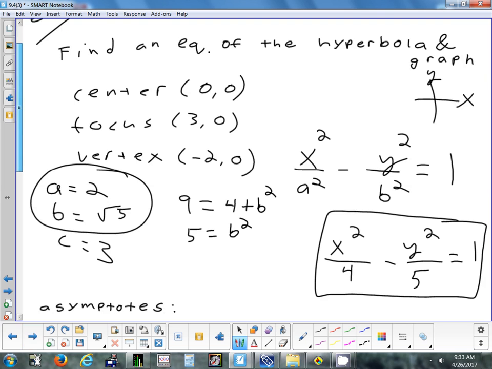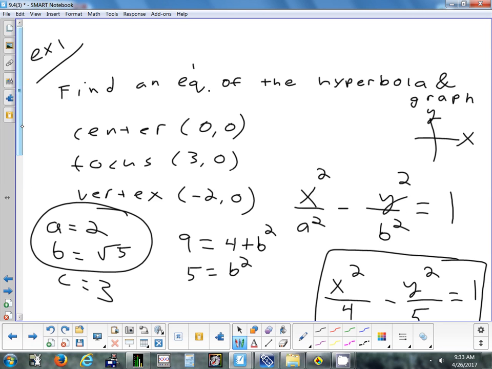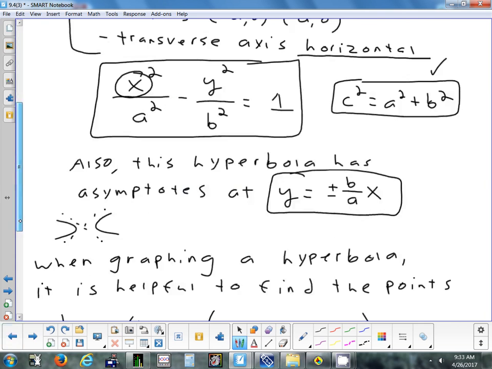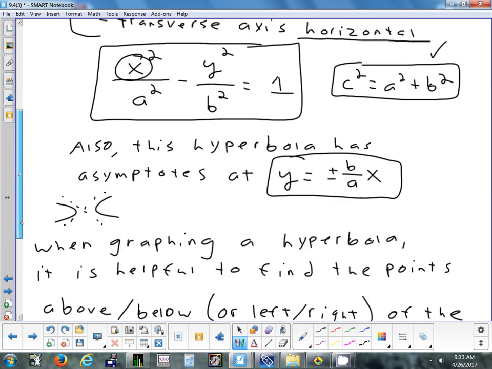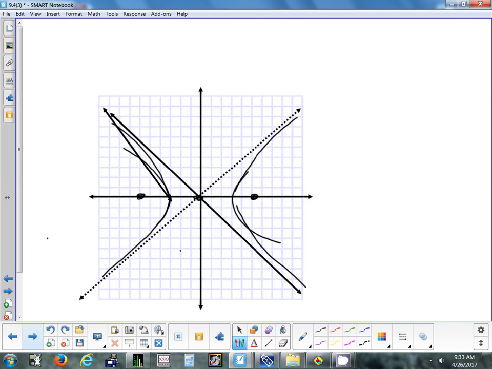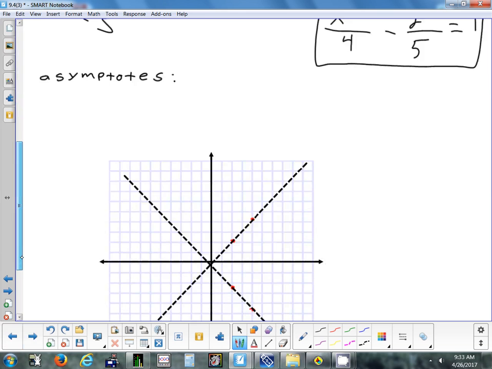Okay, so we have our equation, and now I want to graph it. My hint to graphing it was to find the two what? Find the two asymptotes. So what I would do is look up on your reference sheet, what's the slope? In this version, it's b over a. So let's write our two asymptotes.